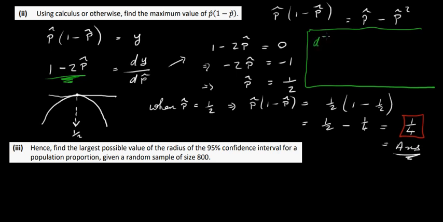If you worked out d2y/dp hat squared, so do a second differential: differentiate 1, you'll get 0. Differentiate this, you'll get minus 2, which is less than 0. It's negative, which implies we have a maximum value. So it's maximized at p hat equal to a half. Okay, so that's it for part 2.